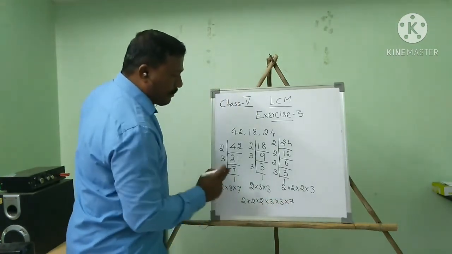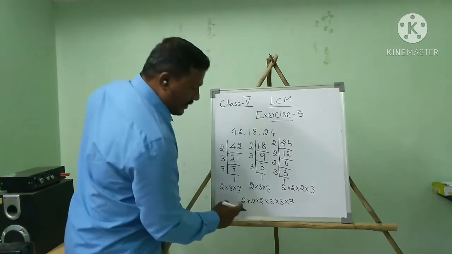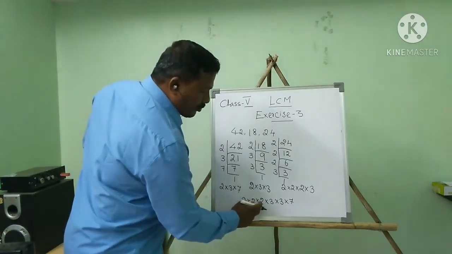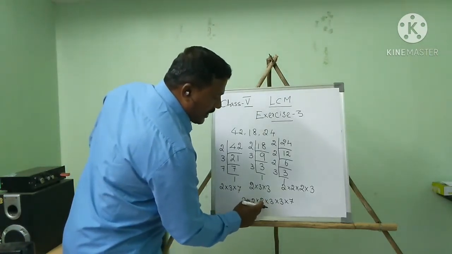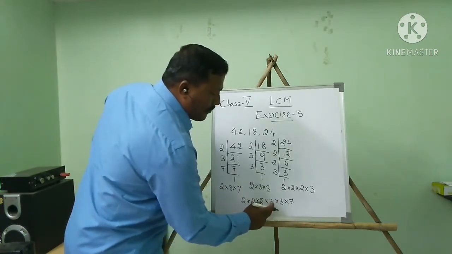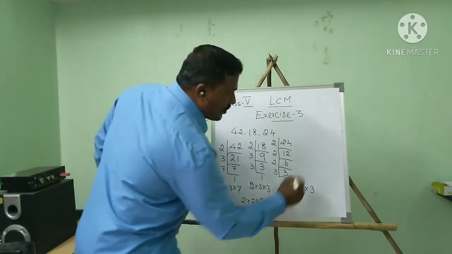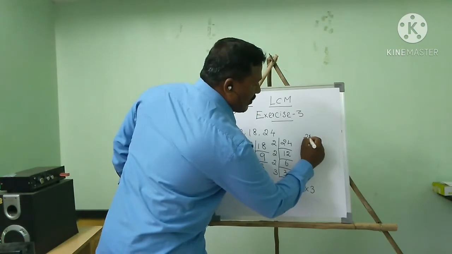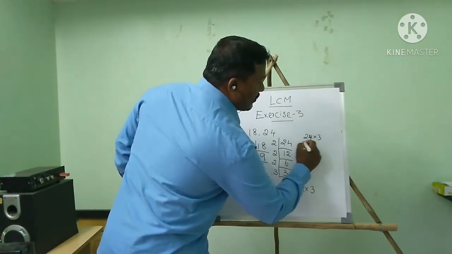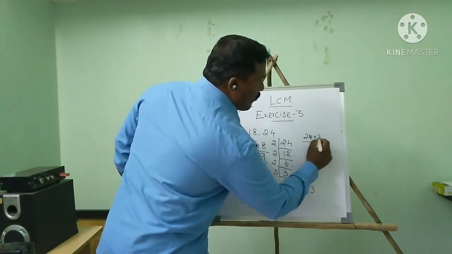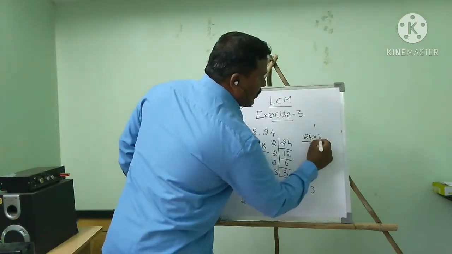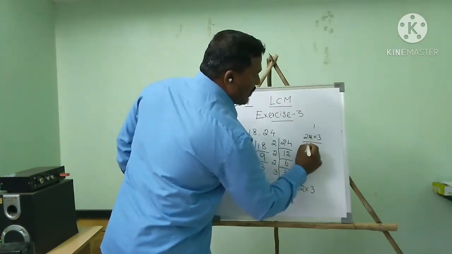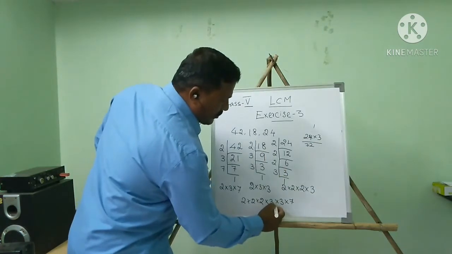Now if you multiply the numbers, 2 2s are 4, 4 2s are 8, 8 3s are 24, 24 into 3: 4 3s are 12, remainder 1, 2 3s are 6, plus 1 is 7, so 72.